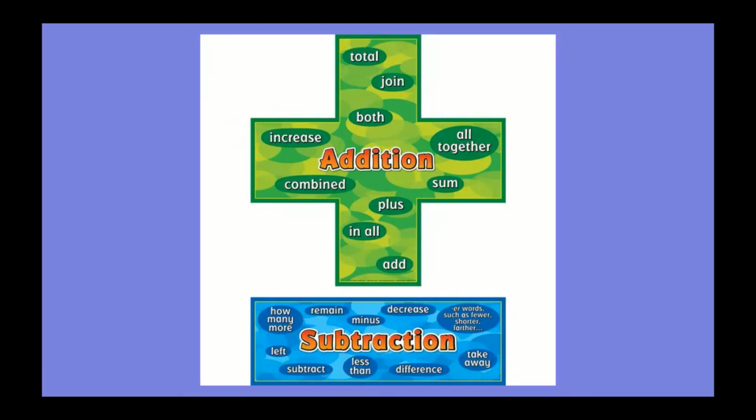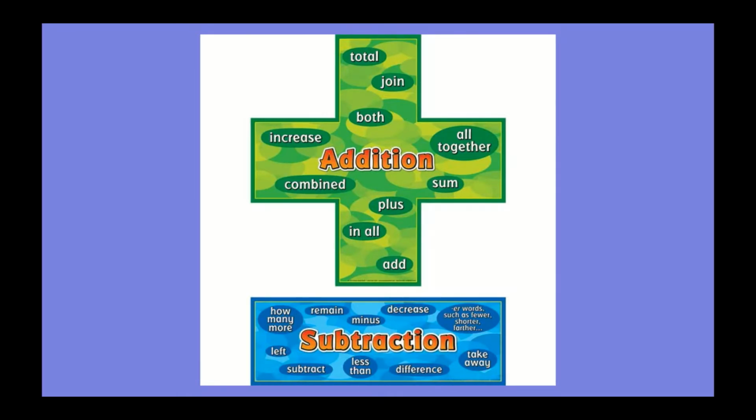So when it comes to word problems, there are key terms that let us know what operation to use. If you look at the green addition sign, there are some words located inside of it that indicate when to add. So if you see these words in a word problem, it means you need to use the plus sign. You're going to be adding two values together.